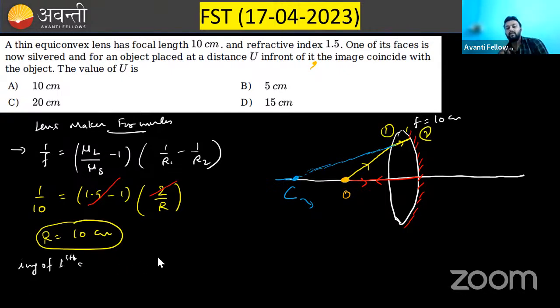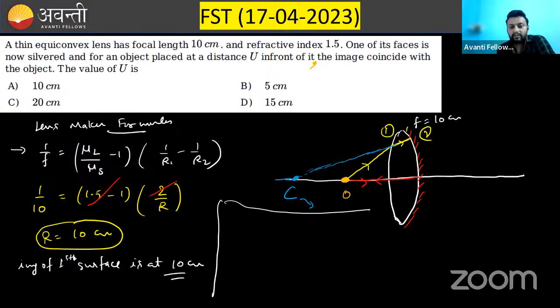I am talking about the image of first surface only. Now, using another relation, refraction at spherical surface. We know that for first surface, image position is known. Now we want to calculate this object position for the first surface. And for that, I am applying the relation for refraction at a spherical surface.